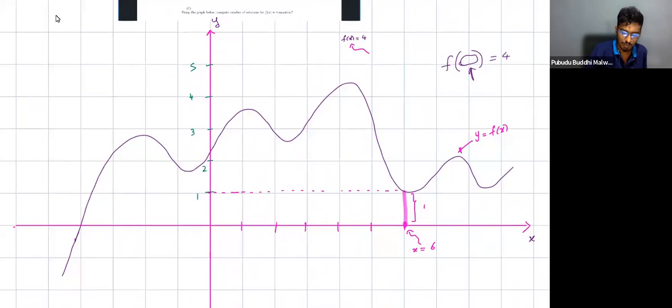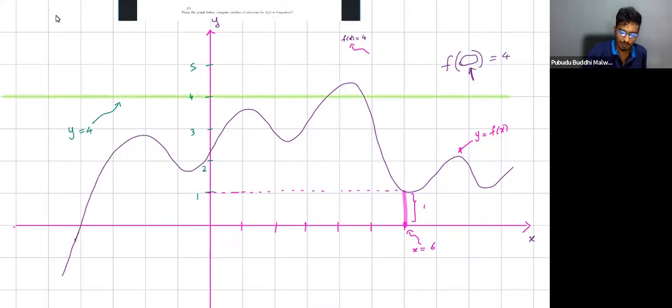So I'm going to draw a horizontal line through 4 to get some idea about that height. This is basically the y equals 4 line.